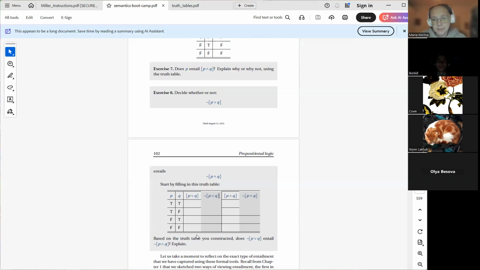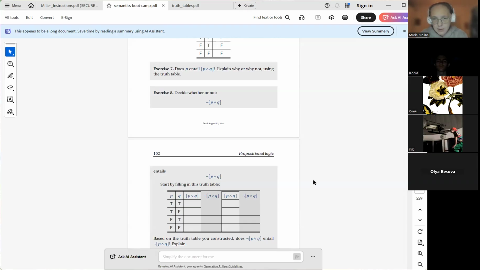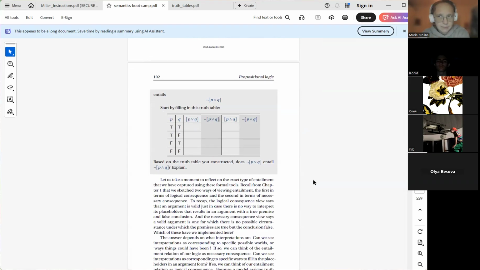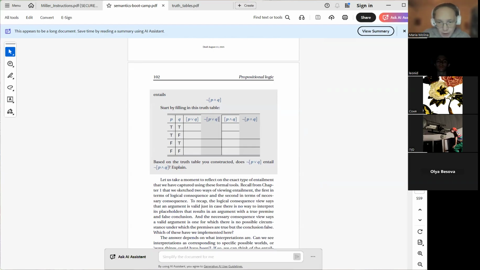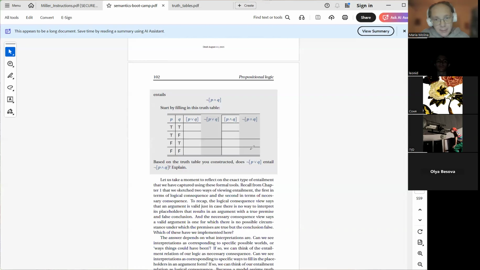Yeah. Are we good now? Olya, are we good now? Yes. Right. So we should remember, and this is not obvious, that in case that both P and Q are false, negation of the conjunction is true.